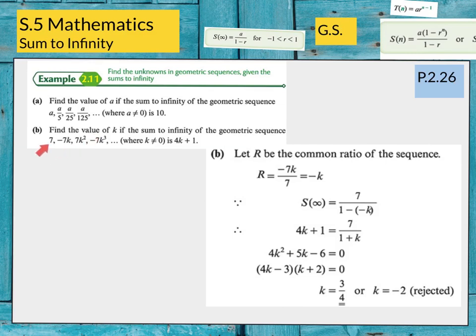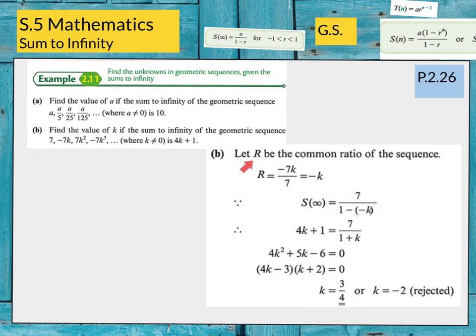Then in part B, you can see that this time we know the A. A equals 7, right? So right now our task is to find the common ratio.